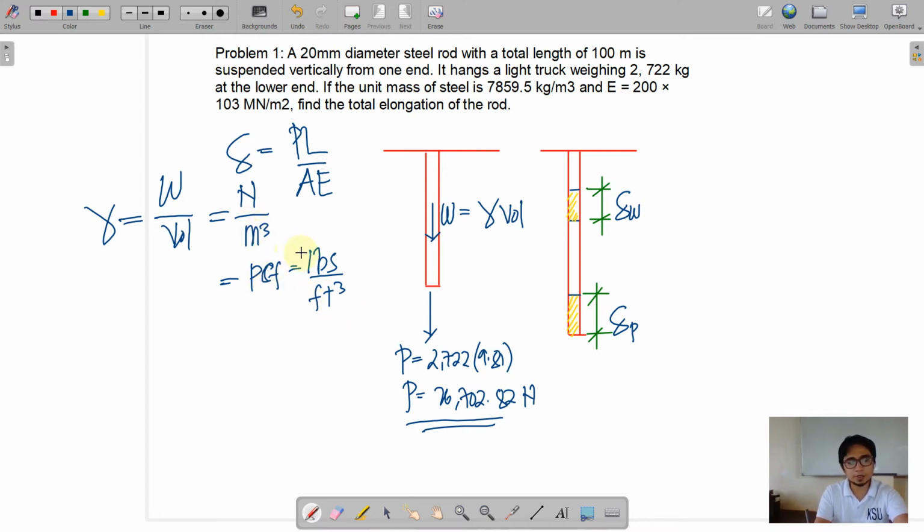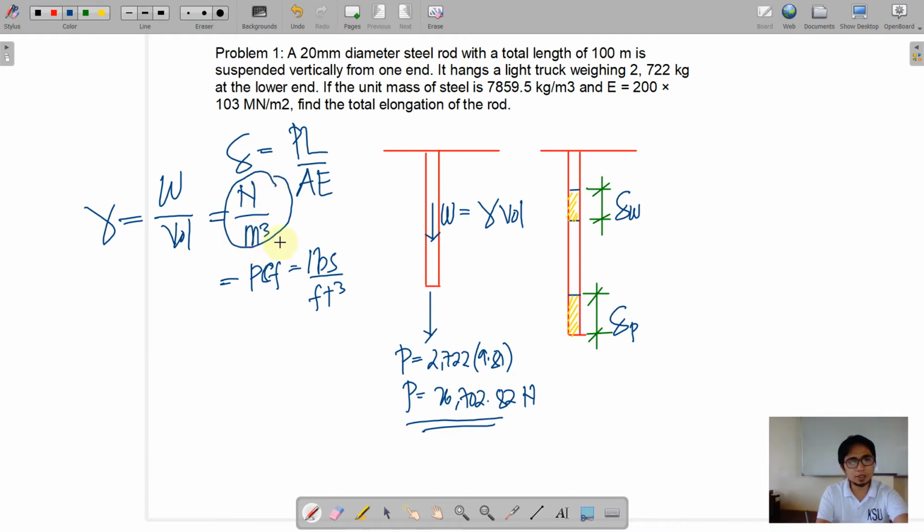So what is the use of this gamma? In every material, there will be values for gamma. Why do we need values for gamma? Because we are calculating the self-weight of every structural element on a structure.